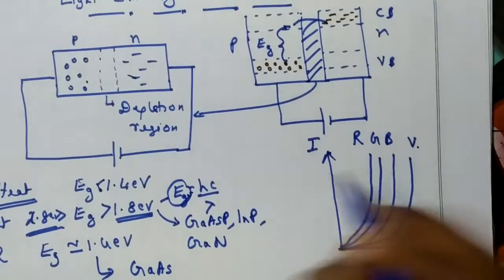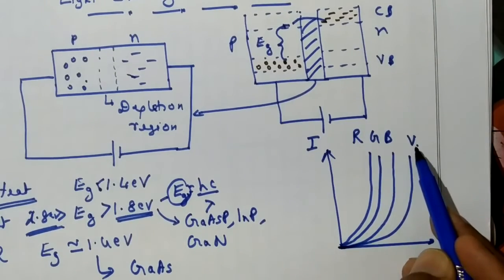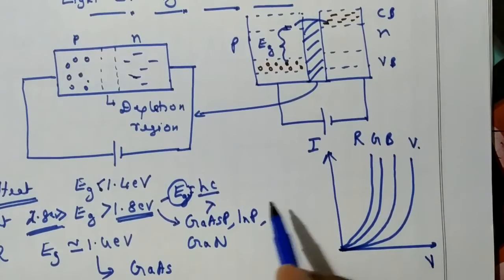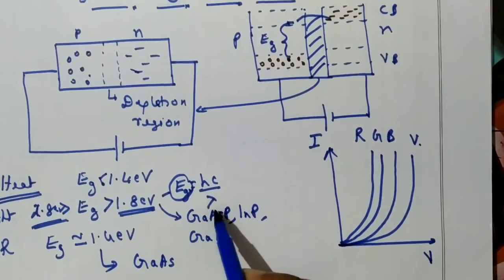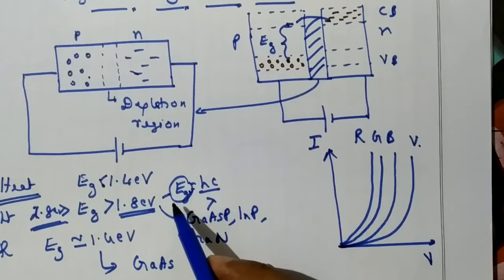Why do the characteristics go like this? Because violet has a lesser wavelength, the forbidden energy gap will be more, since Eg and the wavelength are inversely proportional. Violet has a lesser wavelength, therefore the energy gap will be more.